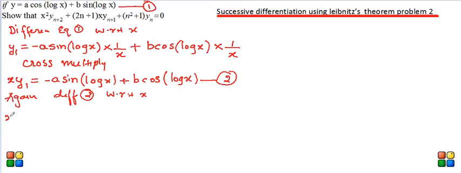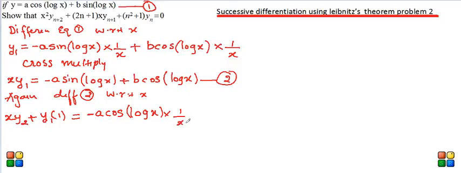So first function into differentiation of y1 is y2, plus y1, that is second function as it is, into differentiation of x is 1, which is equal to, again, minus a is constant, sine of anything is cos of that thing, so cos of log x into d by dx of log x is 1 by x, and here b is constant and cos of anything is minus sine, that's why I am using this minus along with b, minus sine log x into again 1 by x.